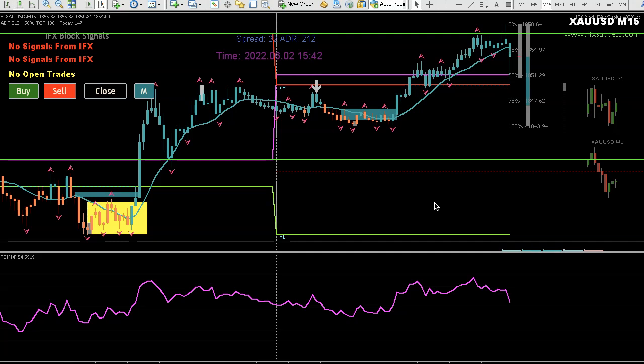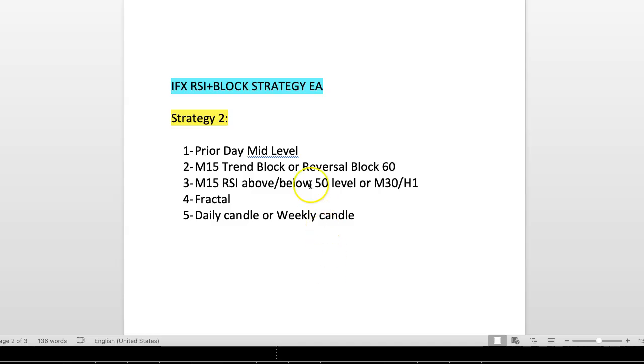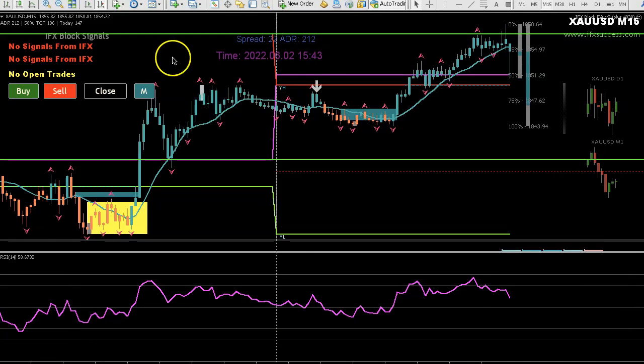So right now, I got a block. This is actually a trend block on 34 settings, okay? It's very important that you understand. On that entry, we can use the 60 or the 34 settings for the trend block, or you can also use the reversal block. So again, you have options, and it's all about looking at the market and seeing what we could get.